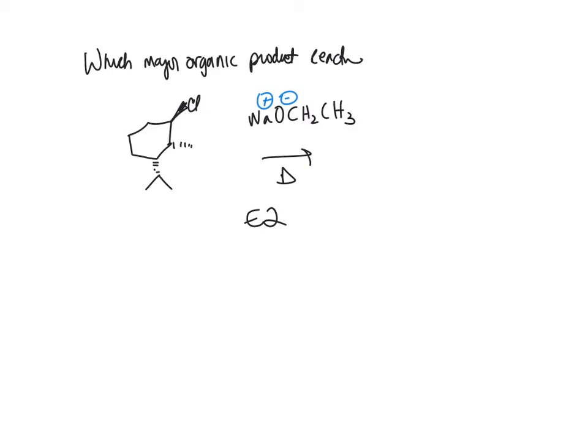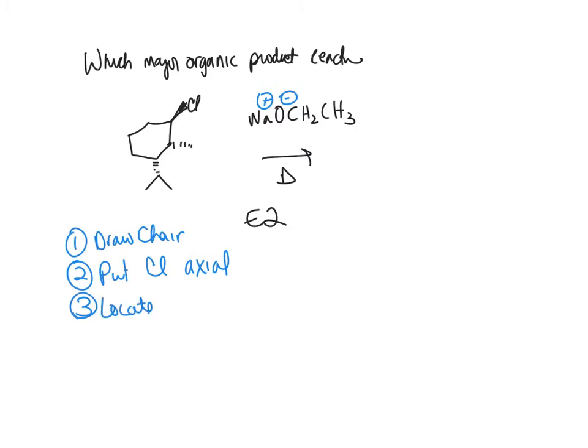Now for these, you need to draw these in the chair conformation. So draw the chair. Put your leaving group in the axial position, and then locate a beta hydrogen that's 180 degrees anti-periplanar to the leaving group. And that's going to determine what product gets made.